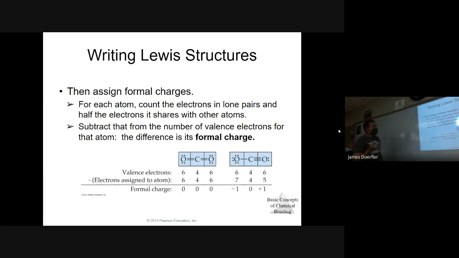Okay? So, you have your valence electrons. Oxygen is, if you look off the periodic table, 6. Okay? Carbon is 4. Again, another oxygen would be 6. Then you subtract from those values the electrons that are assigned to those atoms. And what that means is, how many electrons did you give it in the Lewis structure?